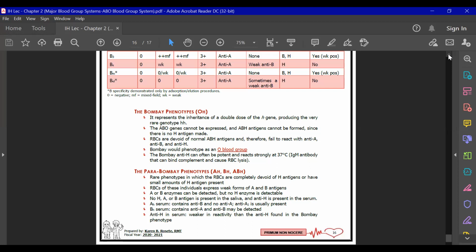So we have the last one, the para-Bombay phenotype. The designation of individuals having this phenotype is a big letter H with a subscript small letter h: AH, BH, and ABH.